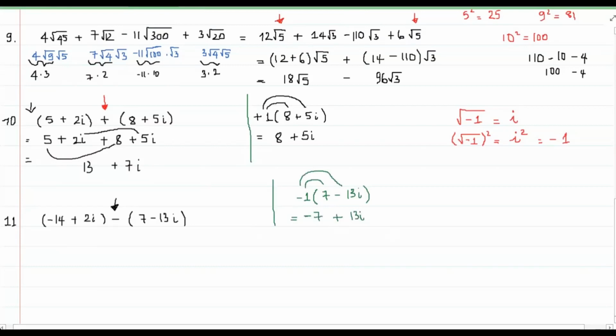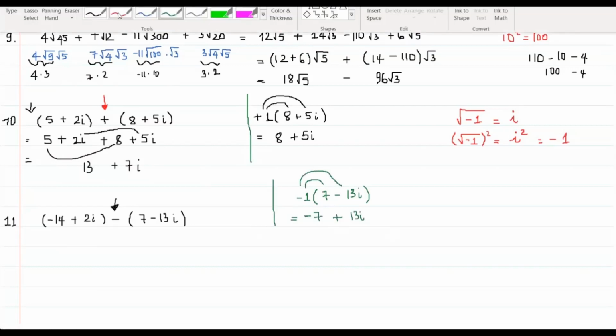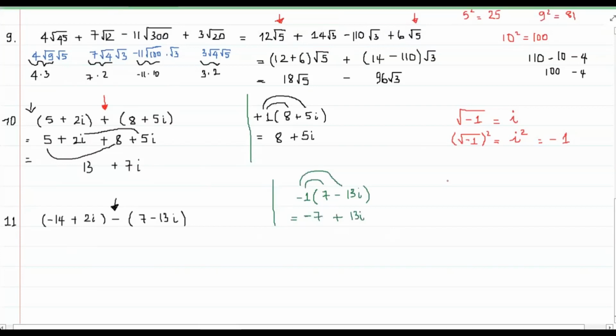So remember the rule of the sign. When you have a negative number times a negative number, that produces a positive number. Positive times positive, that's positive as well. So it's the same side that makes it positive.